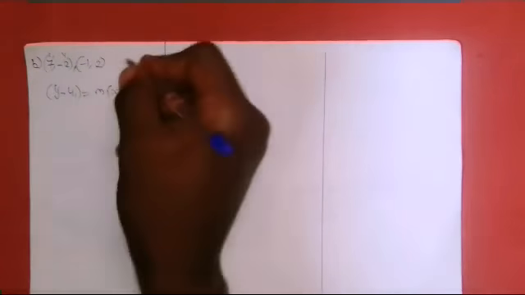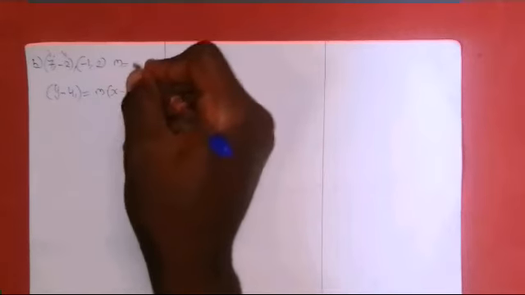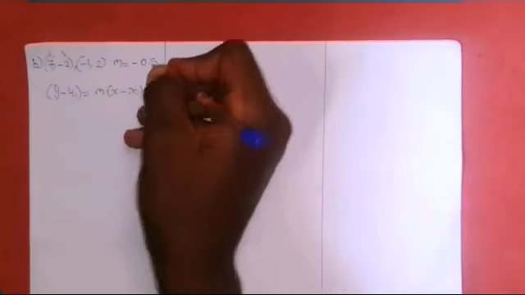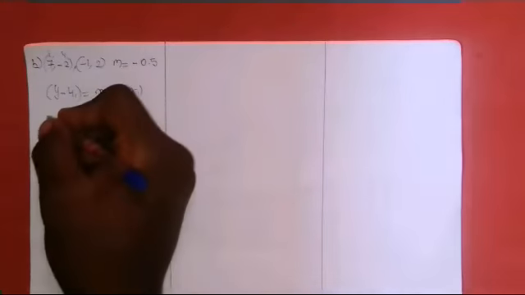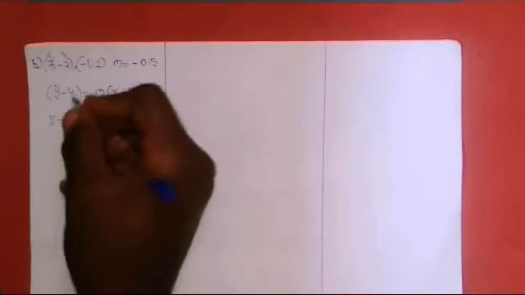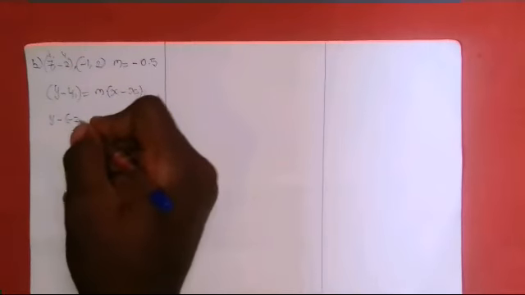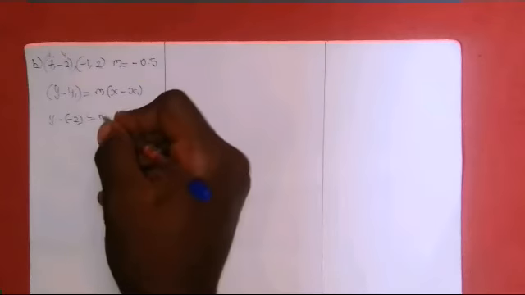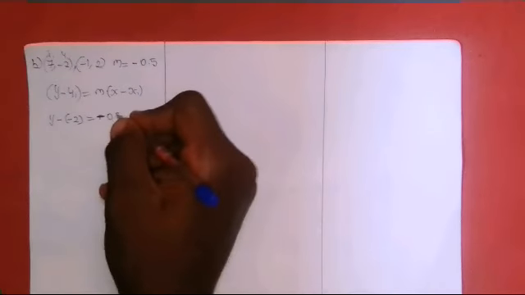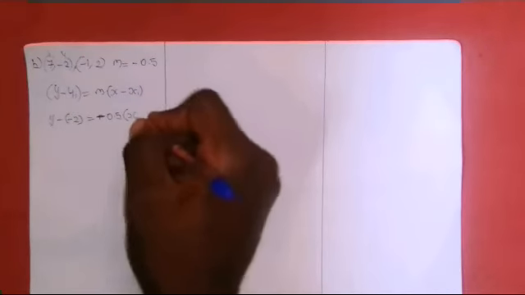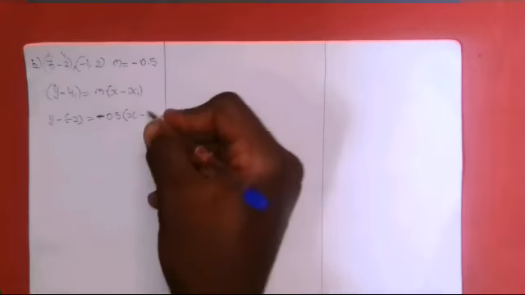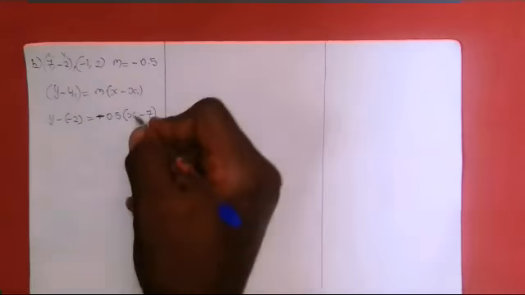So we just put them into the equation, and our m, which we got for the question, is minus 0.5. So we continue, we write y minus, note that y1 is minus 2, so we put our minus 2 down, is equal to m, which is minus 0.5 multiplied by x minus x1, which is 7, so we put 7 there.